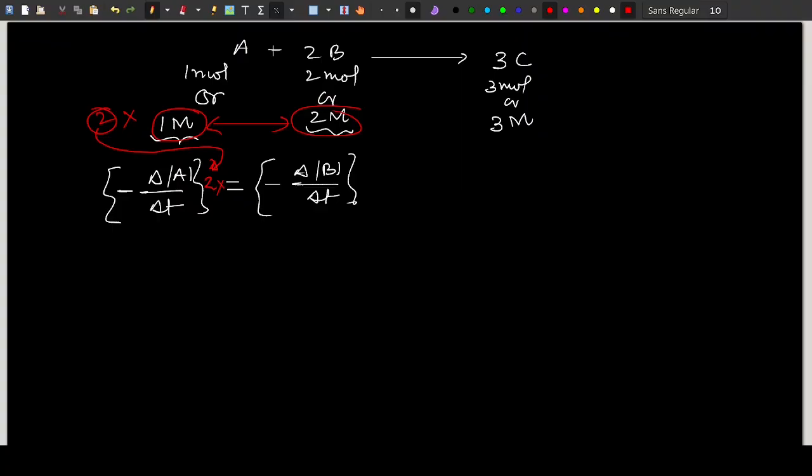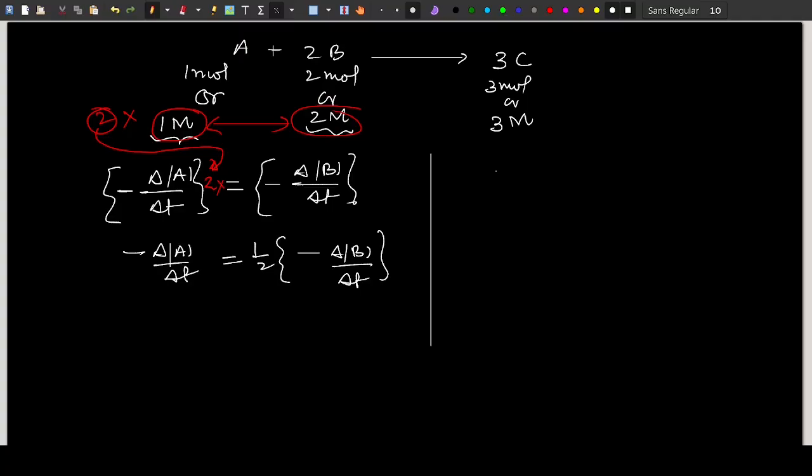And if we simplify this, then minus delta A upon delta T is equal to 1 upon 2 of minus delta B upon delta T. This is the reality. After this, the same way, I'm writing it again, don't worry. Suppose I'm writing A plus 2B producing 3C.